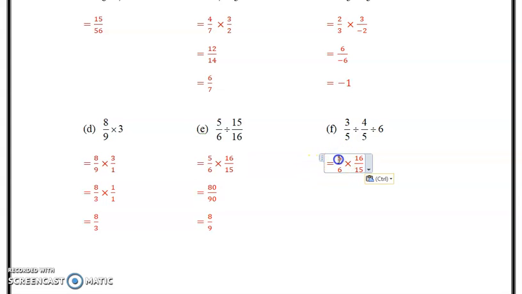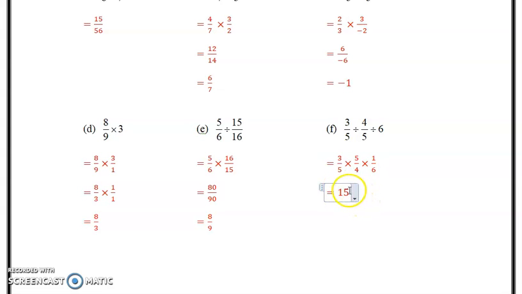So it's 3/5 multiplied by, we take the reciprocal of 5/4, and then again we're dividing, so we multiply, and 6, which is actually 6 over 1, so the reciprocal of that is 1/6. So when you have 3 fractions and you're multiplying, it's pretty straightforward. Just multiply all 3 numerators, multiply all 3 denominators.